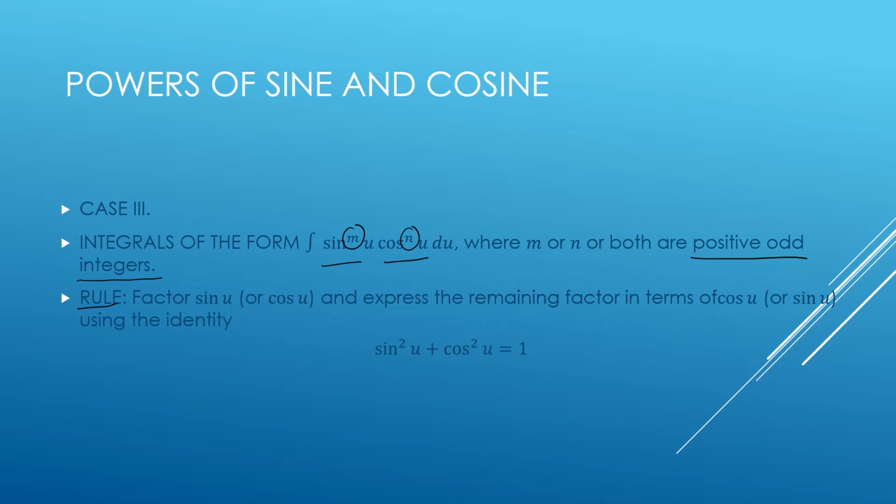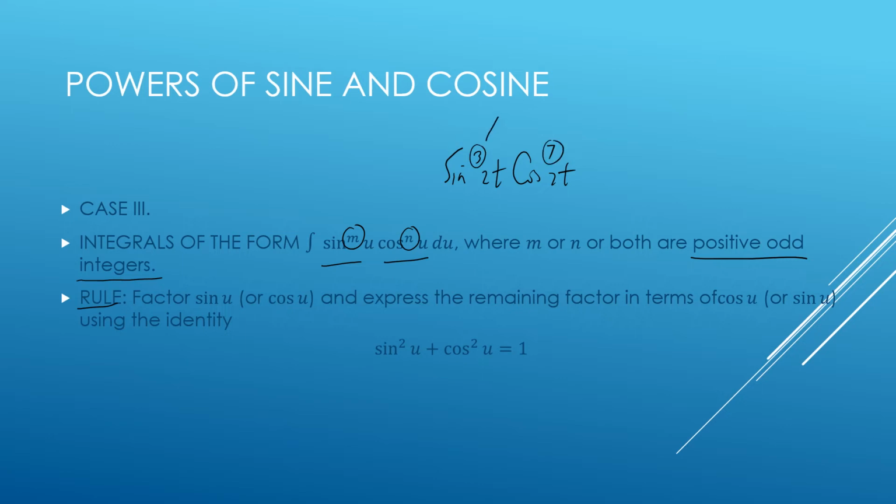So, in the event that both m and n are positive odd integers, it is advisable to apply the rule to the one which has the lower exponent. Say for example, sine cubed 2t and cosine raised to 7 2t. Both exponents are positive odd integers.